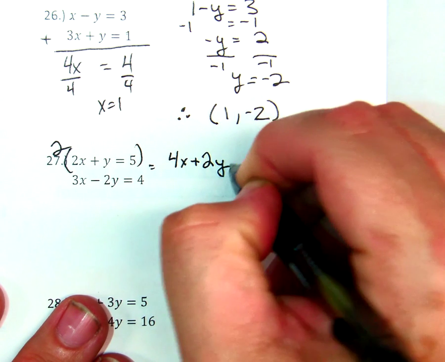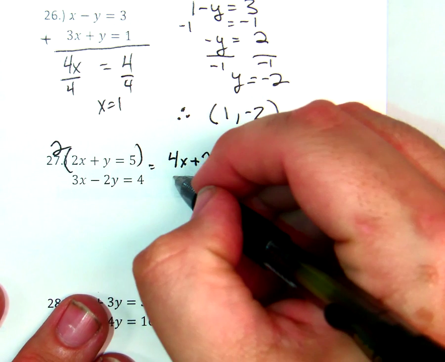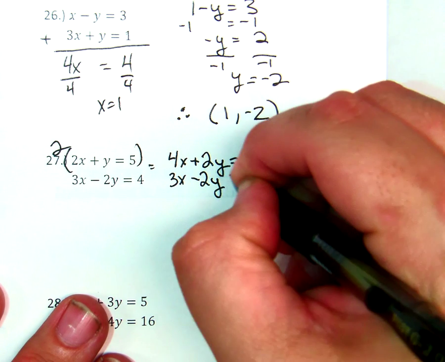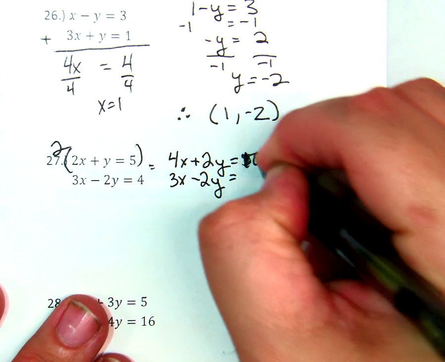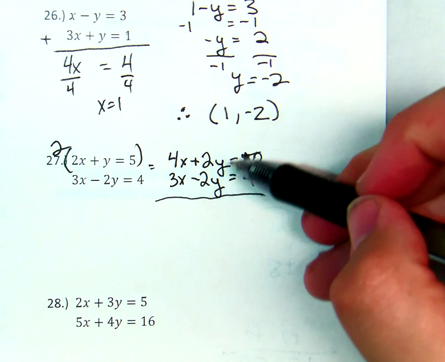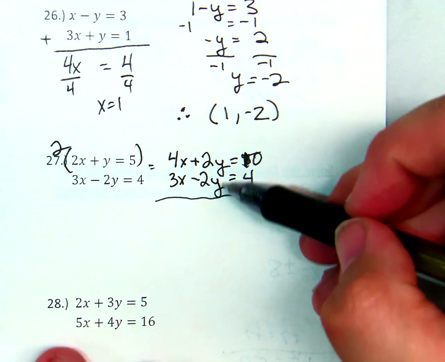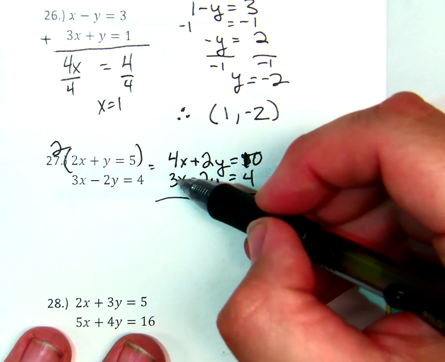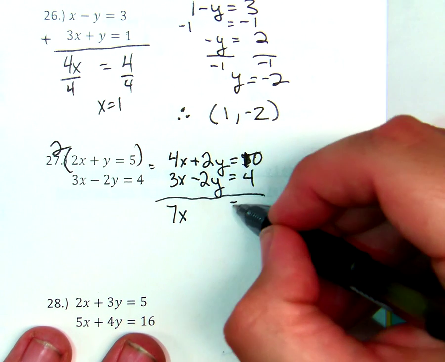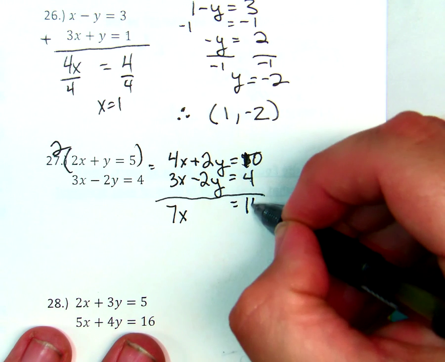And then 3x minus 2y, oh yeah, that's 10, is equal to 4. And now I have opposite coefficients of my y's. So 4x plus 3x, 7x, that's a 0. 10 plus 4 is 14, divided by 7. x is equal to 2.